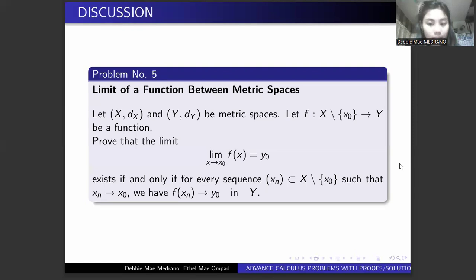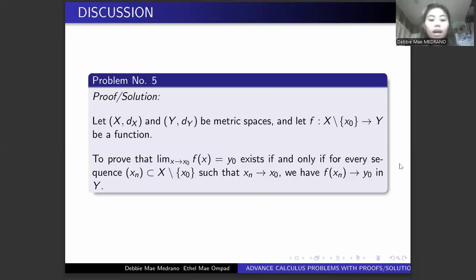Let f be a function defined from X minus the point x sub 0 to Y. Prove that the limit of f(x) as x approaches x sub 0 is equal to y sub 0 exists if and only if for every sequence x sub n in X minus the point x sub 0 such that x sub n approaches x sub 0, we have f of x sub n approaches y sub 0 in Y.